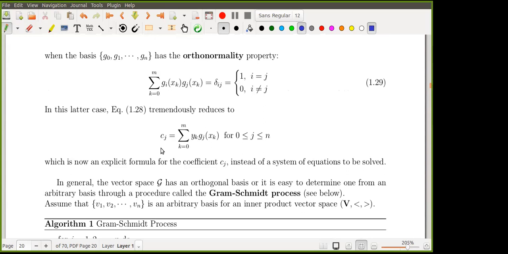But what if it's no longer orthonormal? In the case it's just orthogonal but without being normal, then this Cj will be multiplied by a given factor, and those factors we know already what each factor will be equal to.